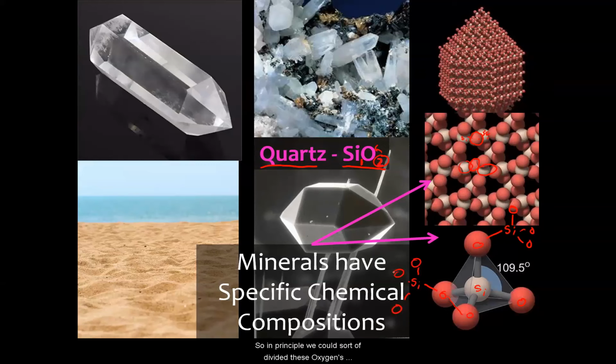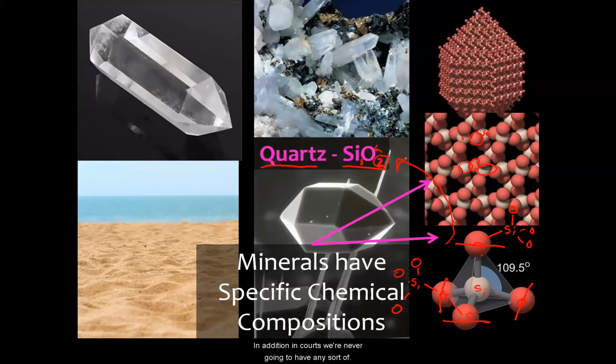So in principle, we could divide these oxygens in half and say 1/2 of the oxygen belongs to this silicon and the other half belongs to the other silicon. And if we do that for each of these, we would see that we have 1 silicon and then we have 1/2, 1, 1.5, 2 oxygens for this silicon. Once again, we get back to the same thing. It's the specific chemical composition that makes it up.